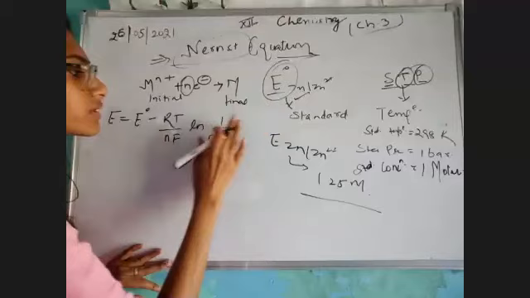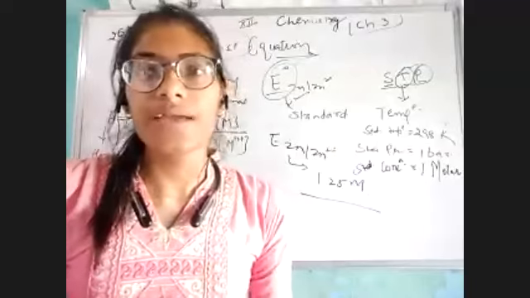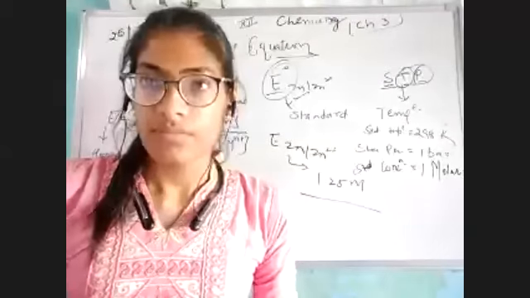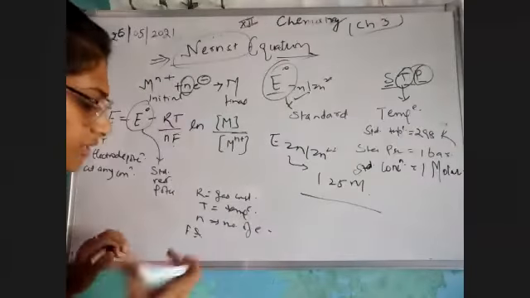Am I clear or not? It is saying to us that it is something which is considered by the initial concentration, at any concentration. E naught is the standard electrode potential, n is the number of electrons. Okay, let's complete this final term within 2-3 minutes.